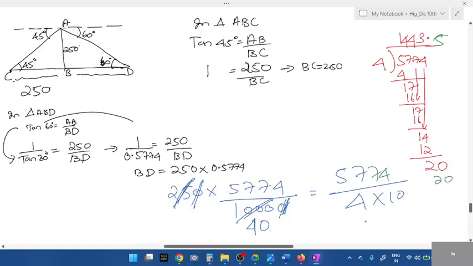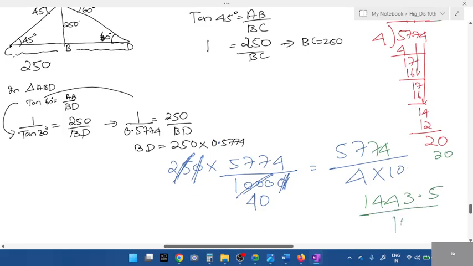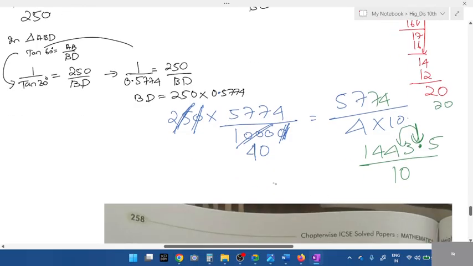So what's the answer we have? 1,443.5. And this is already divided by 10, right? When you divide by 10, the decimal is here. Which way you have to shift? Left hand side or right hand side? Left hand side. One position left hand side. So what's the answer? 144.35 is the answer.